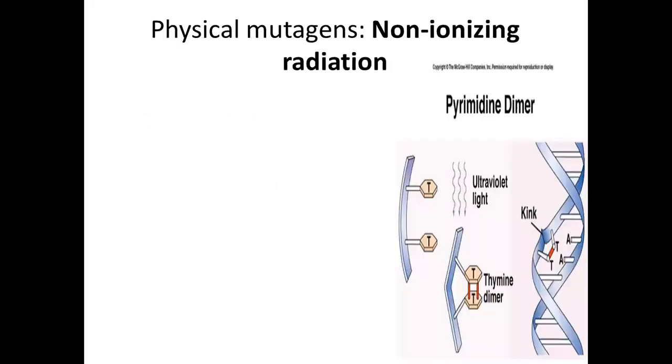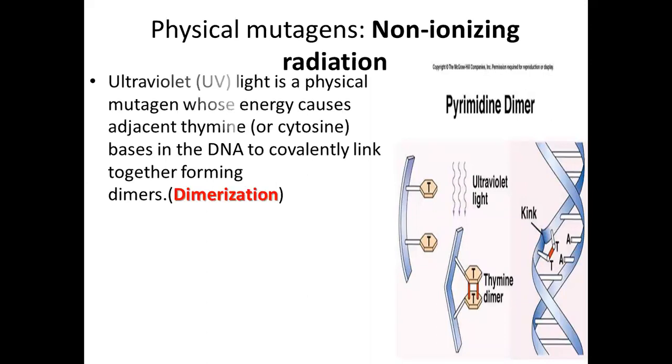Now looking at non-ionizing radiation, we have UV light. UV light causes what is known as dimerization. It leads to the formation of a pyrimidine dimer, and that dimer causes a kink or a bend in the DNA molecule.